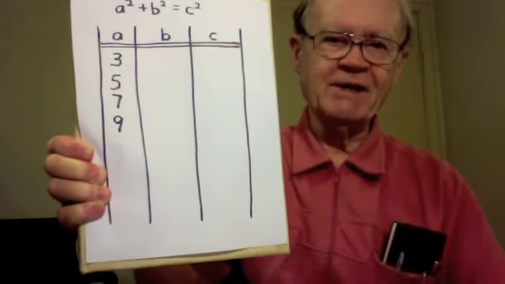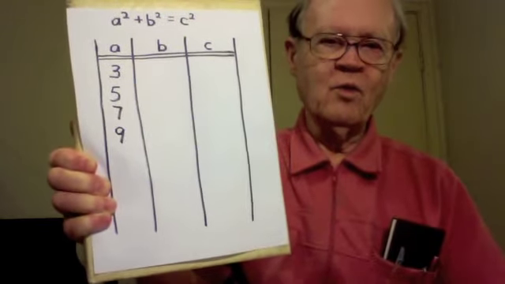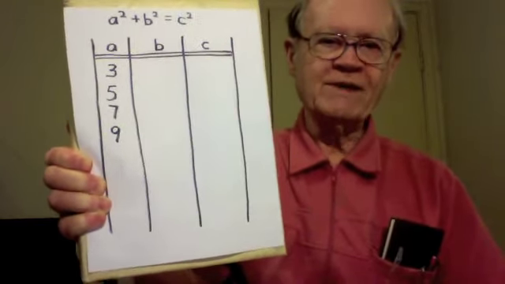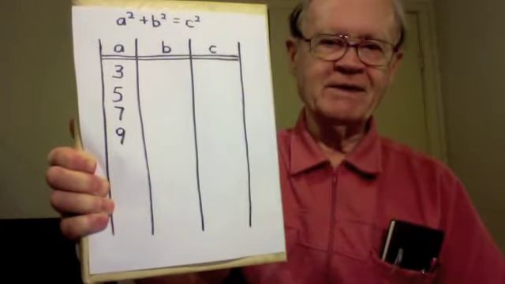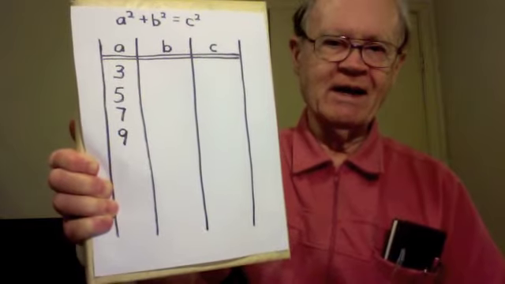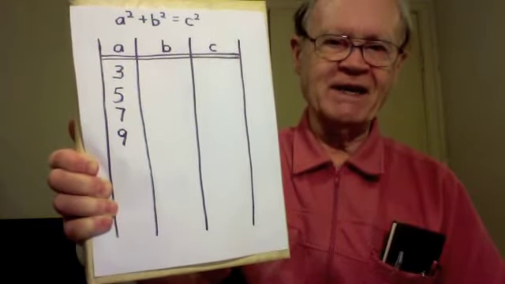How do we get the b and c to go with each odd number a? We square a, then divide by 2, and then subtract a half to get b, add a half to get c.